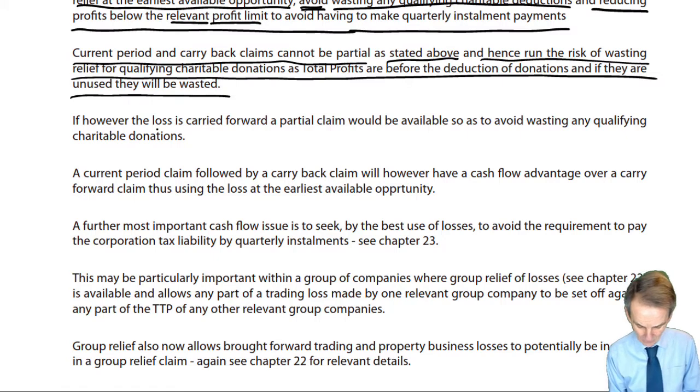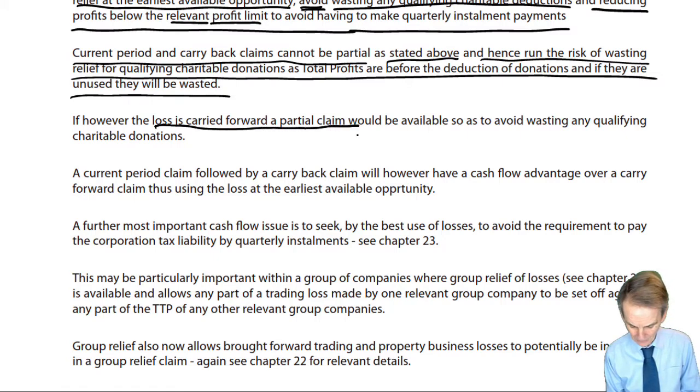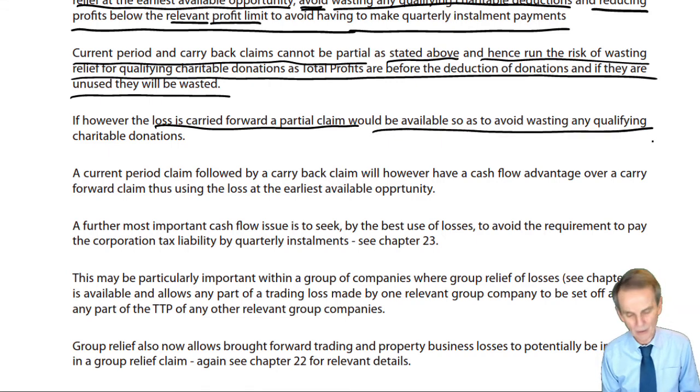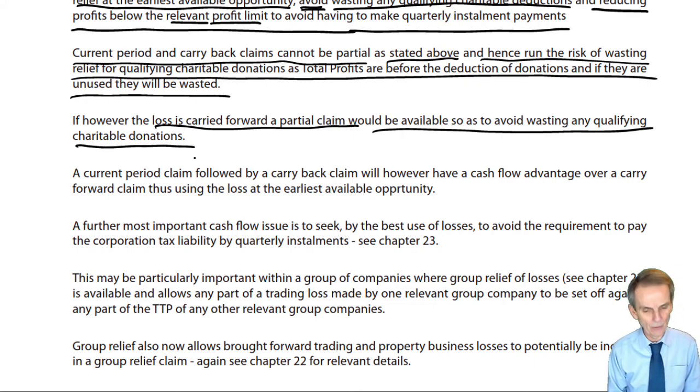If, of course, the loss is carried forward, then a partial claim would be available, and that would allow us to avoid wasting any qualifying charitable donations.